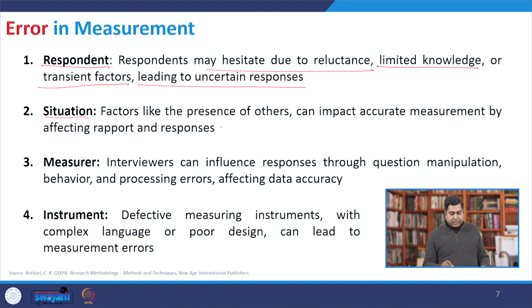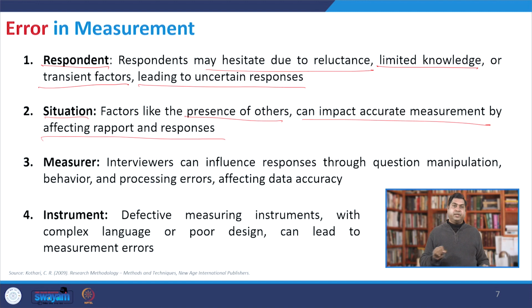Situation. Factors like the presence of others can impact accurate measurement by affecting the relationship, the rapport and the responses. This is something there is a debate on. Say, for example, I want the respondent to read the questions and answer accordingly. Option 2, the respondent will not fill in the questionnaire himself or herself.